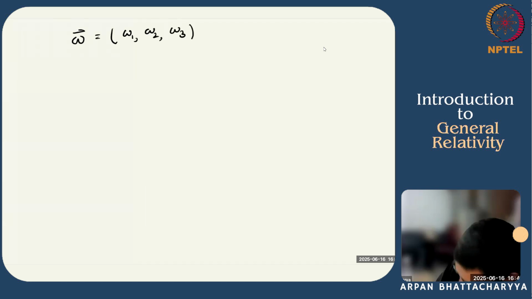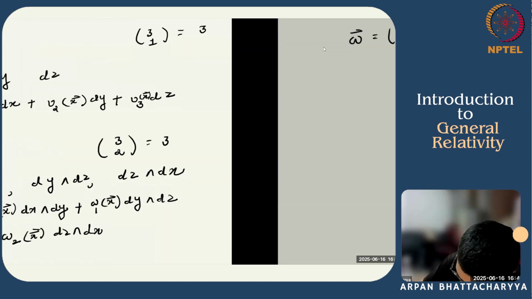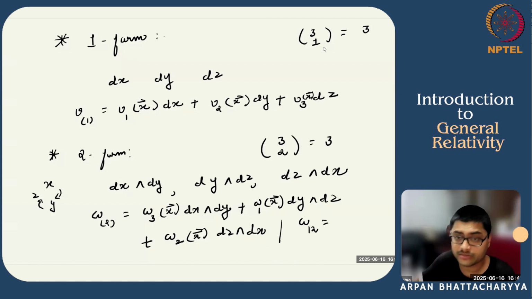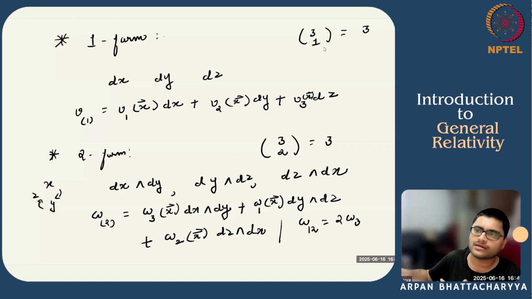We have a component denoted by omega 1, 2, 3, and here we can identify omega 1, 2, as we discussed in the class, as 2 times omega 3 and so on. This is just to make contact with the vector calculus in R3.